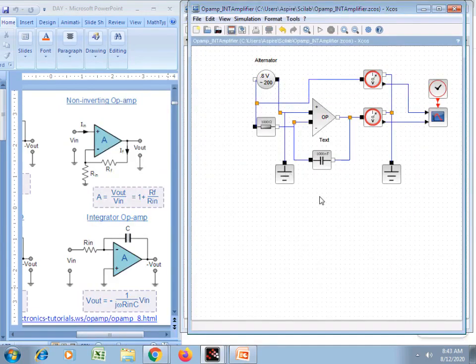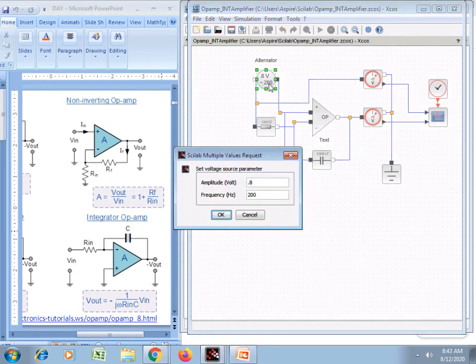This is the integrator circuit using the op amp, which is shown in the figure. Here there is a capacitor in the feedback, and the output of this integrator will be the integration of the input. For input I have used this 0.8 volt sinusoidal voltage generator.